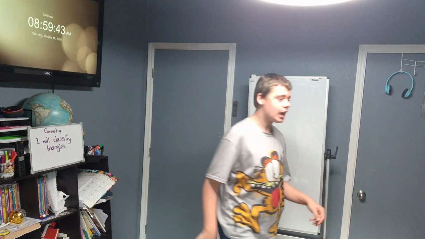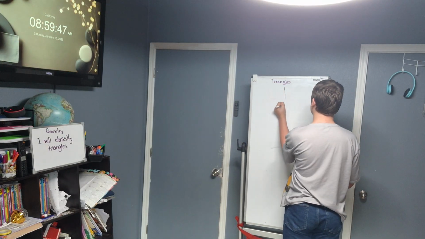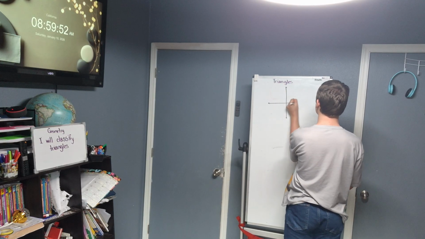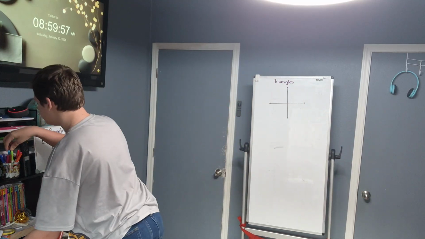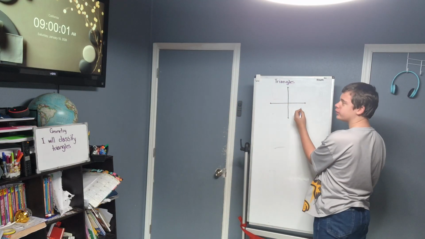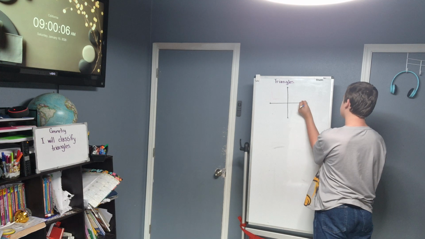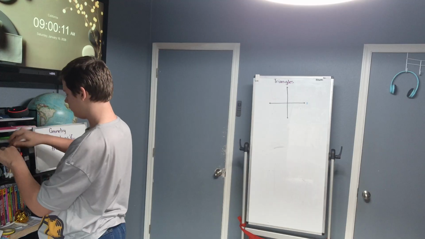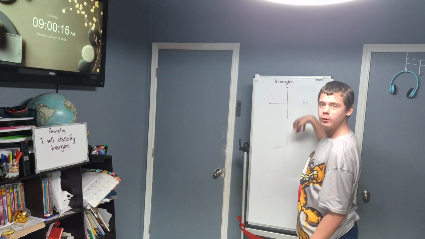Yeah, it's asking us to do this with graphing. Okay. To find the table with graphing. So this, what is this? X. And what's this vertical line? The Y.